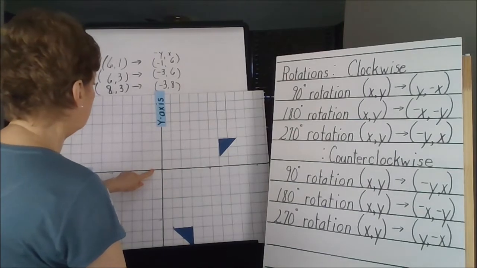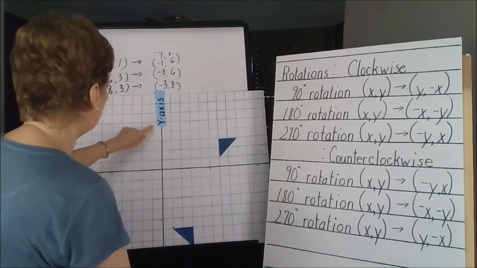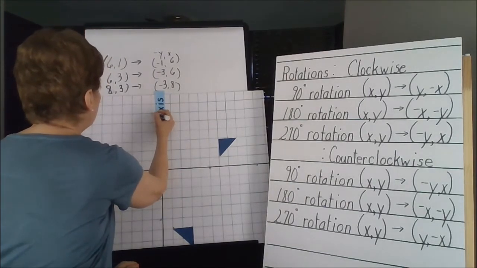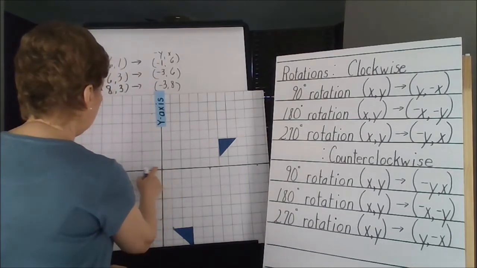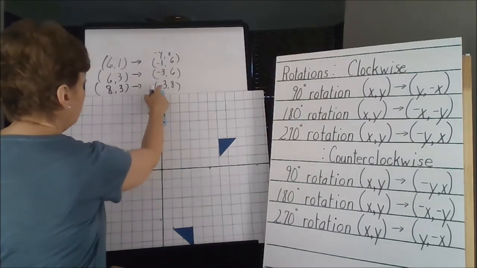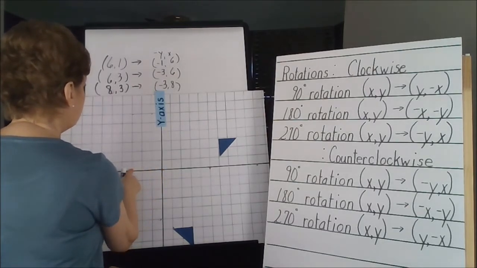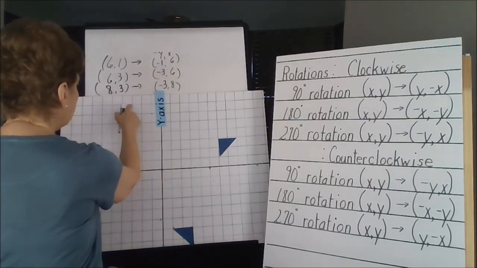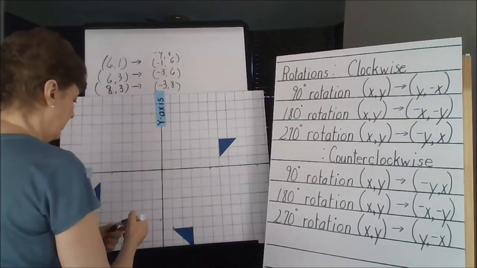Negative 1, positive 6. 1, 2, 3, 4, 5, and 6. Negative 3, 1, 2, 3, positive 6. Negative 3, positive 8. Here's 6, 7, 8 would be way up there.